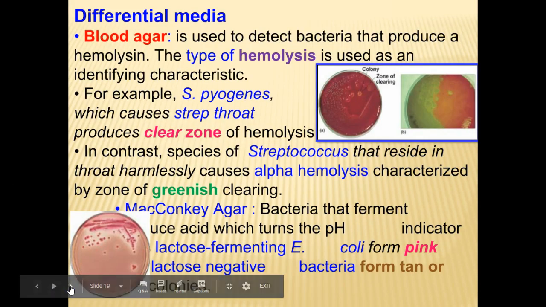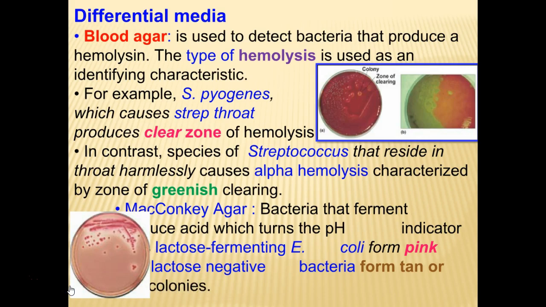So differential media. Blood agar is used to detect bacteria that produce a hemolysin. So the type of hemolysis is an identifying characteristic. When you look at example A in the picture, you can see that there's a colony, and going around the outside there's a clear ring where all the blood in the agar has been hemolyzed.